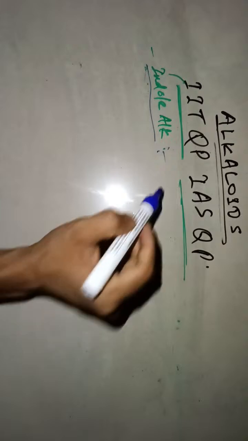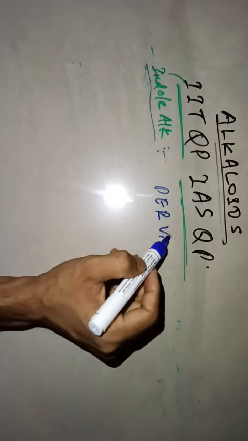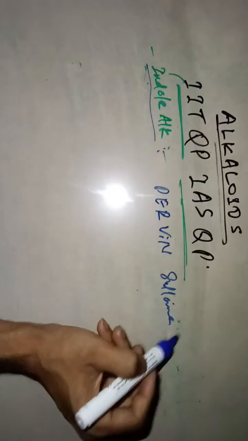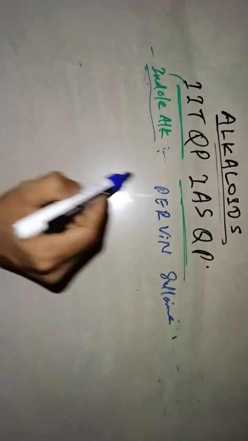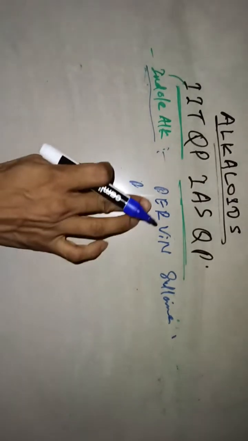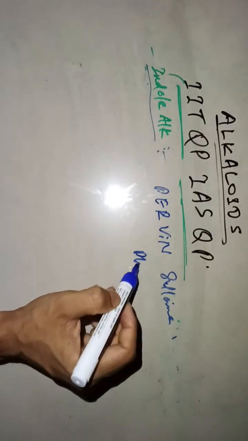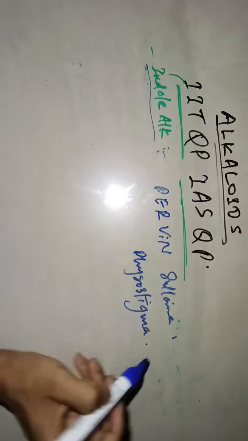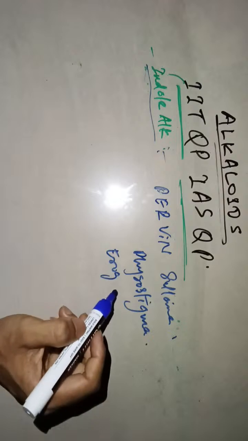So P means physostigma. E means ergot or ergotamine.